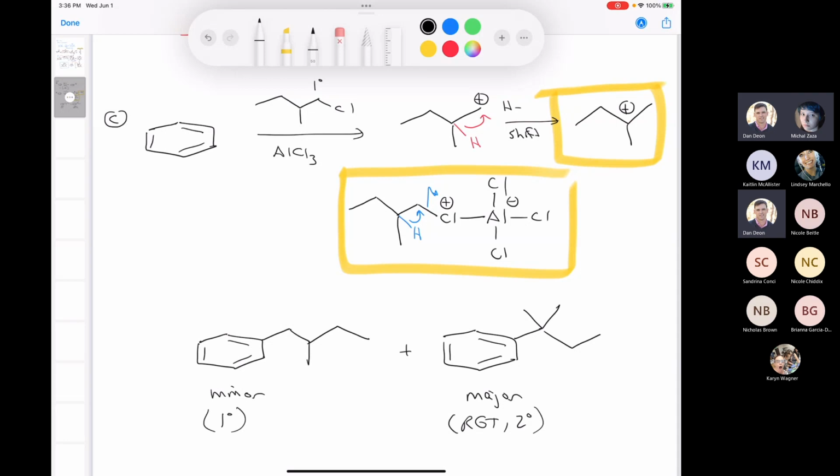If you understand carbocation stability, students are usually able to rationalize that this makes much more sense, that this is going to give me the major product. And sure, I'm going to have some of this, which is going to give me some of the minor product as well. Not simple, is it? But it's pretty neat. Friedel-Crafts alkylation.